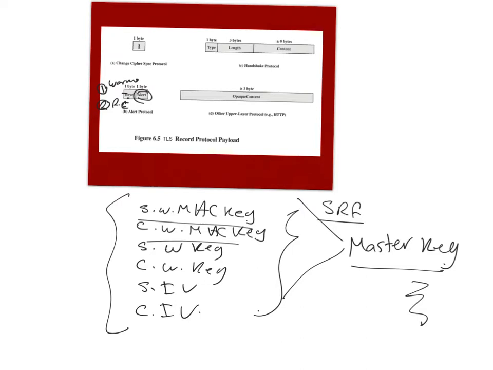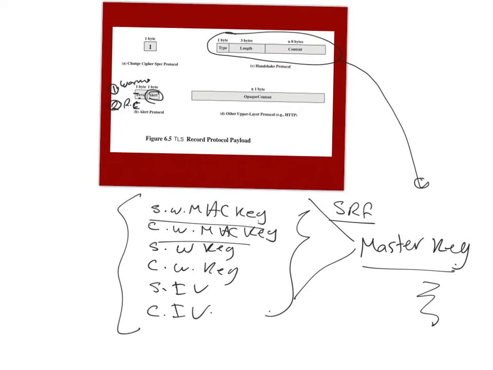So what we need to do or to discuss now is, based on this handshake protocol, how can we find or generate the master key? What are the steps required to come up with the master key?